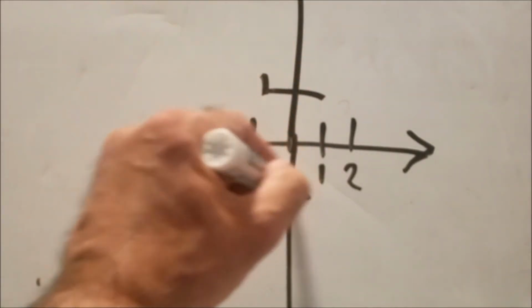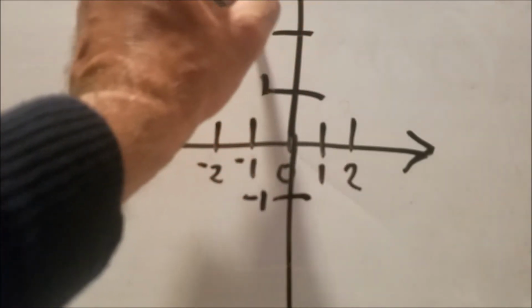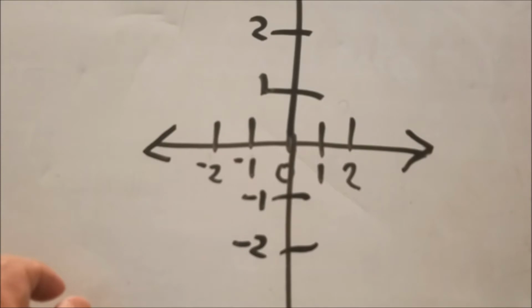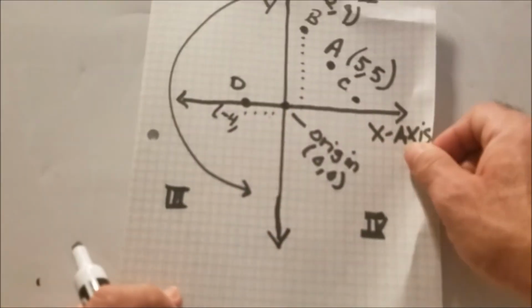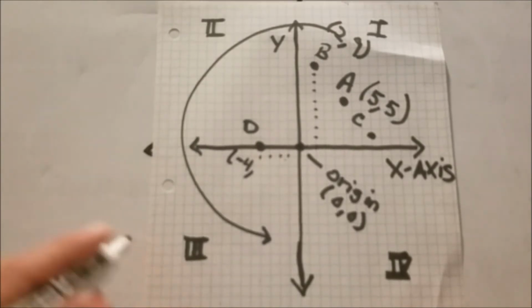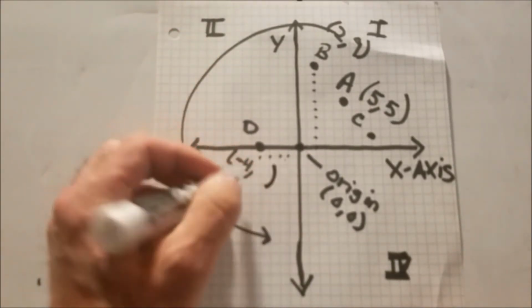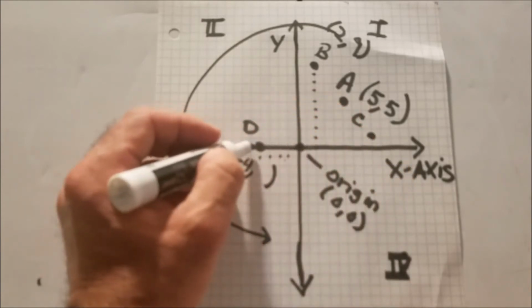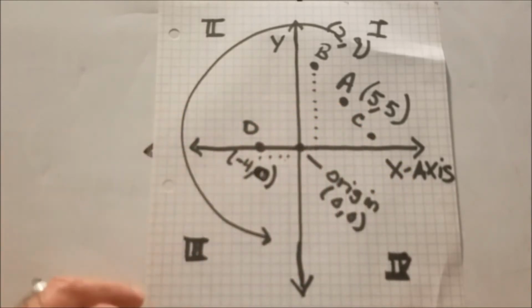There's 1, there's -1. There's 2, there's -2. And so on. So you got to get used to where the negatives are and where the positives are. So for D, it's at -4, and then it's right on the 0 line. It's right on the line of 0. -4, 0.